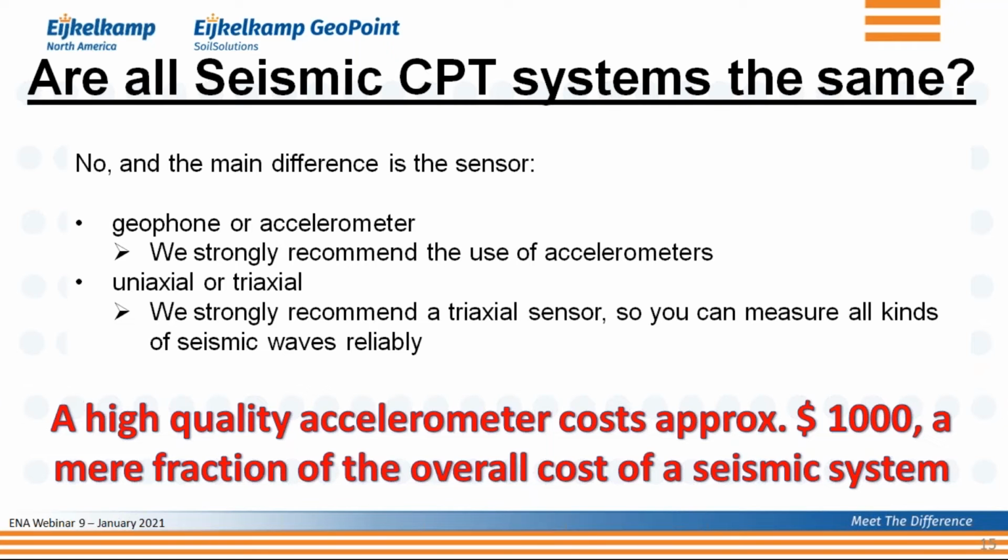So to answer in short what your question was, Rob, our system really deviates from the basis that we have this high quality seismic accelerometer as a sensor, triaxial. And other than that, most of the systems function exactly the same, because you just have a human being hitting a plate and creating the seismic wave.